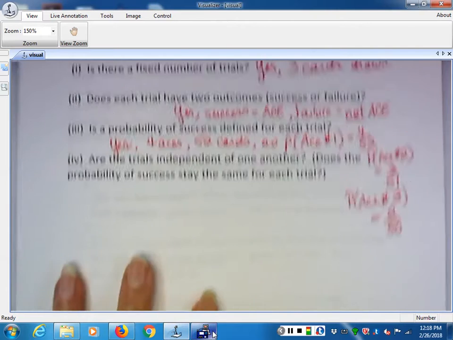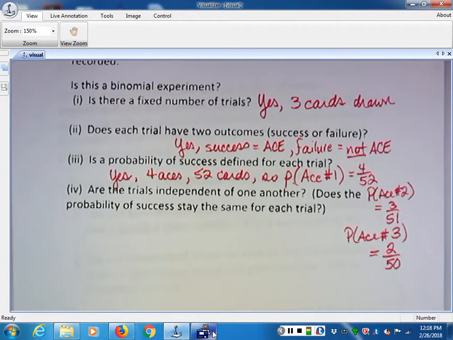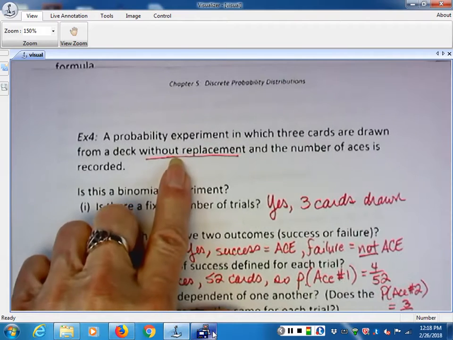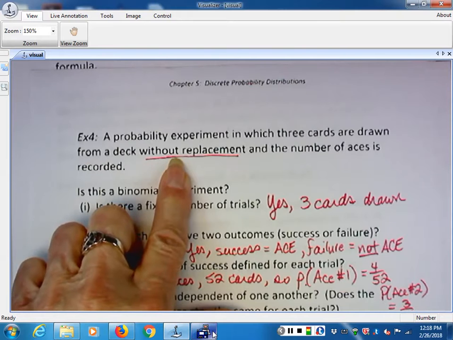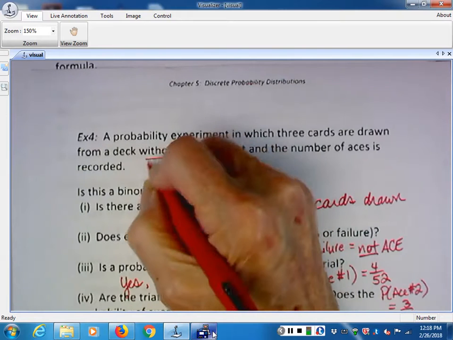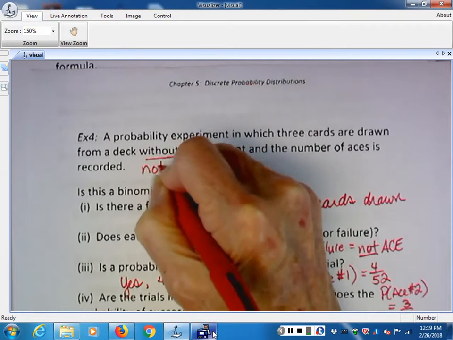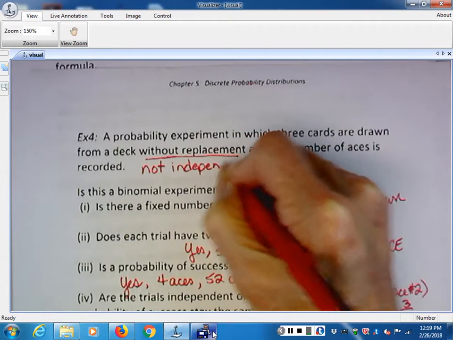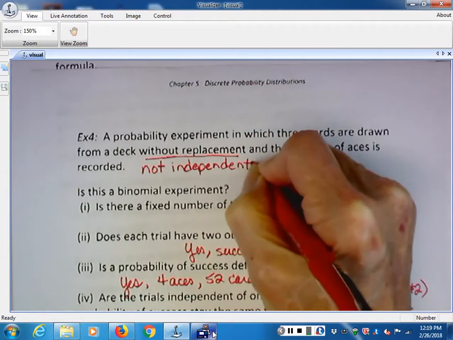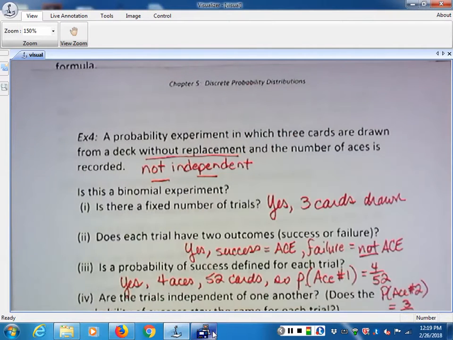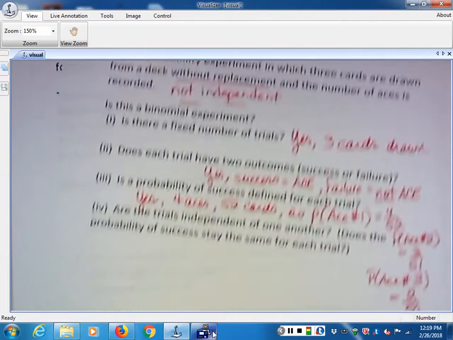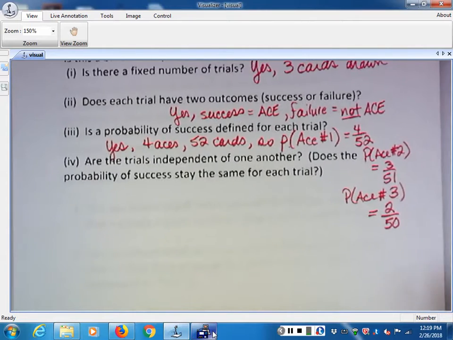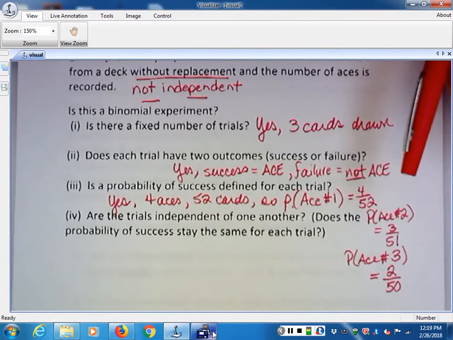And that's because of those two words that I underlined, without replacement. Without replacement is not independent trials. Okay? Because that means your probabilities change since you weren't putting the card back in.